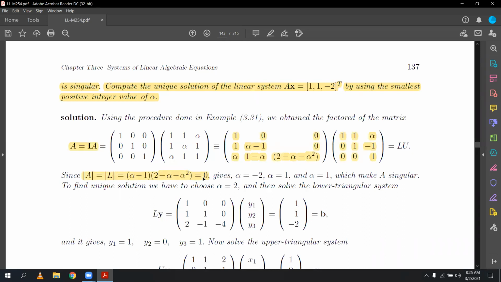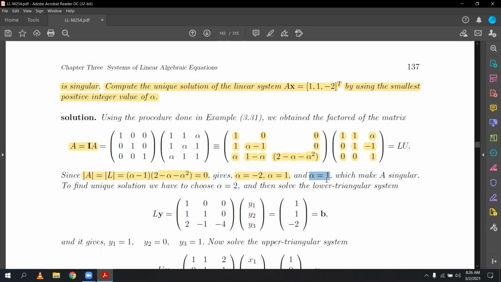And then, what is the determinant of L? 1 multiplied by alpha minus 1 multiplied by 2 minus alpha minus 2. When you factorize this, you have alpha minus 1. So these are the values of alpha which make your matrix A singular.